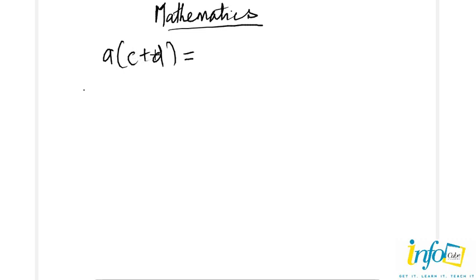A open bracket C plus D actually means A times C plus D, and how you're meant to solve it is by multiplying each of the terms in the bracket by the term A. So let's multiply it. We will have A times C, which is AC, and A times plus D will give you plus AD.